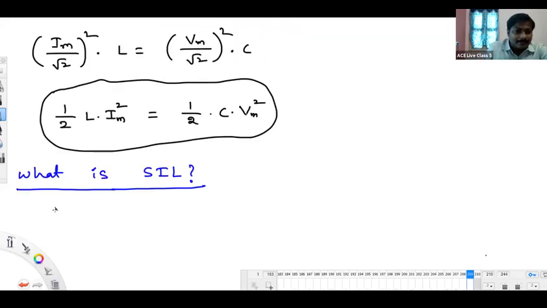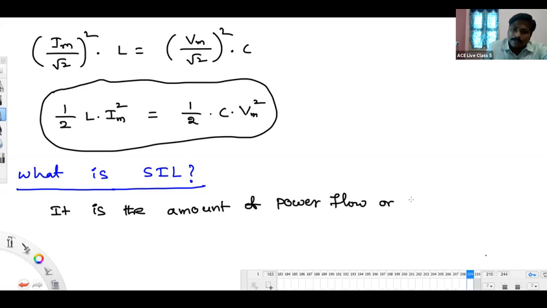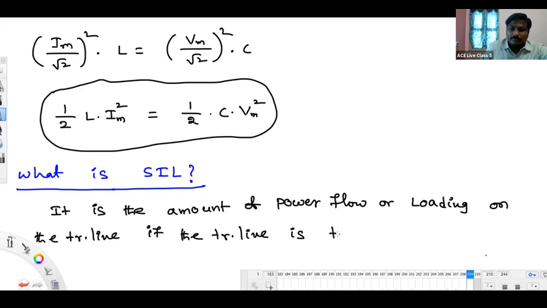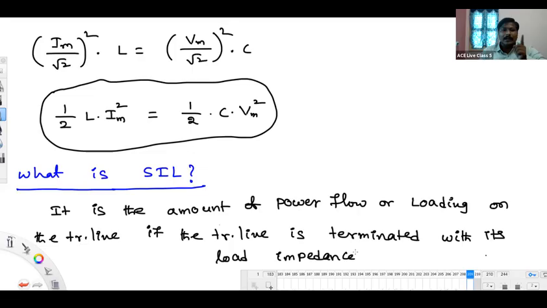So I can say here what SIL means. It is the amount of power flow or loading on the transmission line if the transmission line is terminated with its surge impedance.